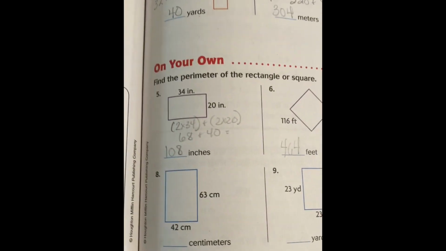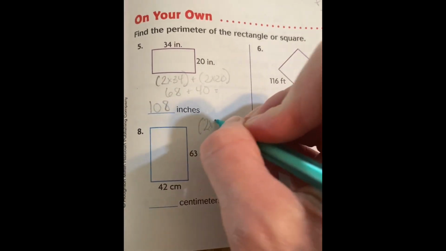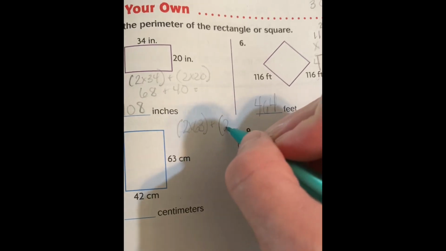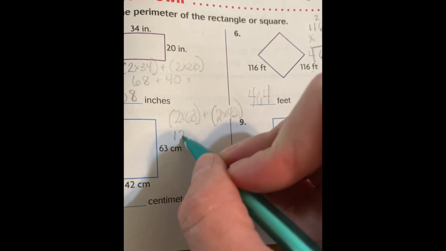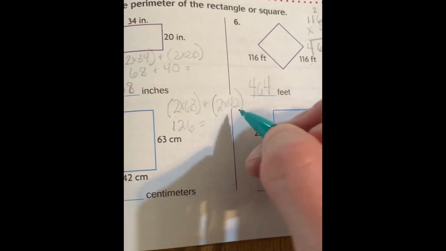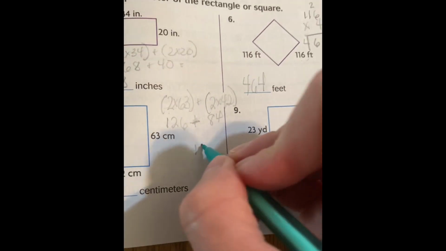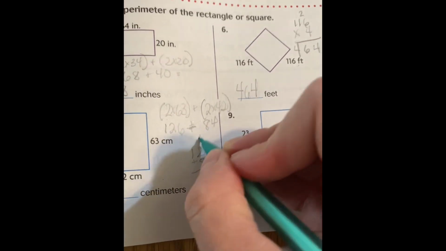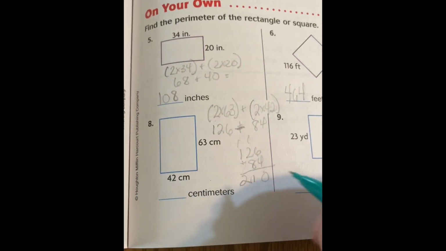Number 8, 2 times length, 2 times 63, plus 2 times width, 2 times 42, equals 126 plus 84, which is 210 centimeters.